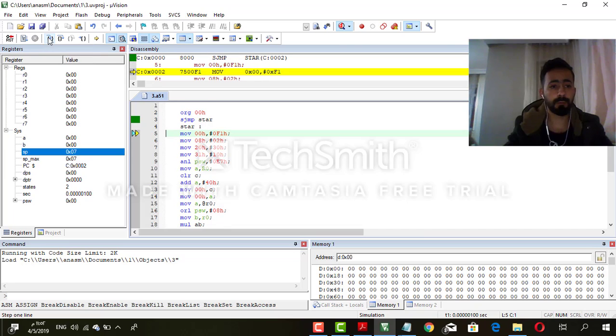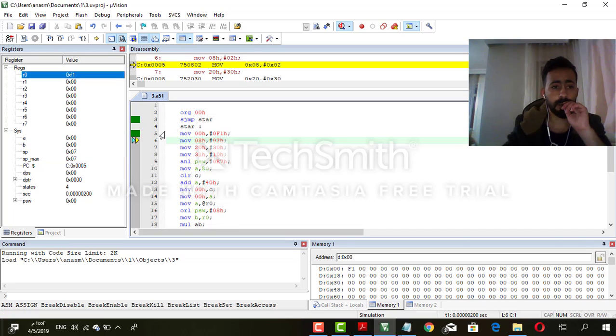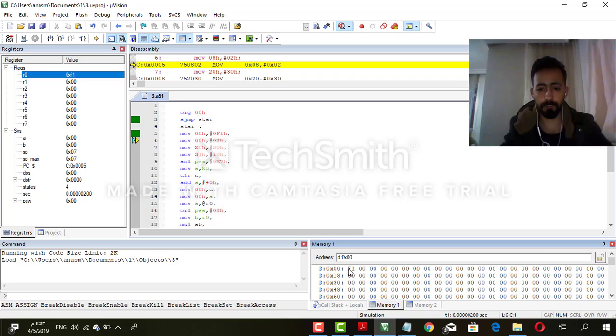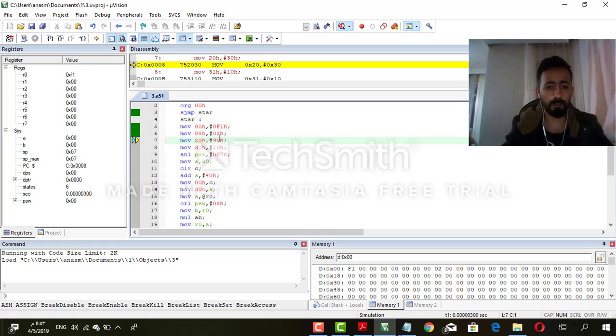First step, as we see, the program is started. In this step, we load the value F1 hex to address 00 hex, as we see. Looking here, the first one is F1, and in the next step, we give 02 hex to the address 08 hex.